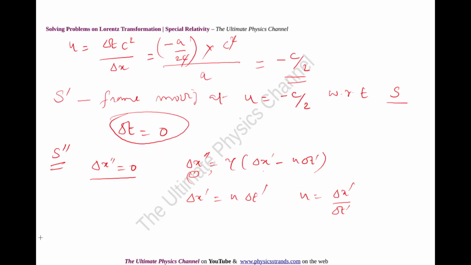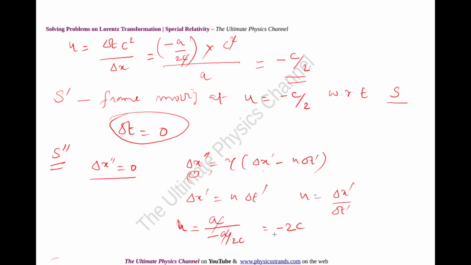So if you take that, u is equal to, we know that the first difference is a. The difference in the coordinates is a, over del t prime, the difference in times, that is minus a over 2c. So if these two things cancel, we get minus 2c as the u.